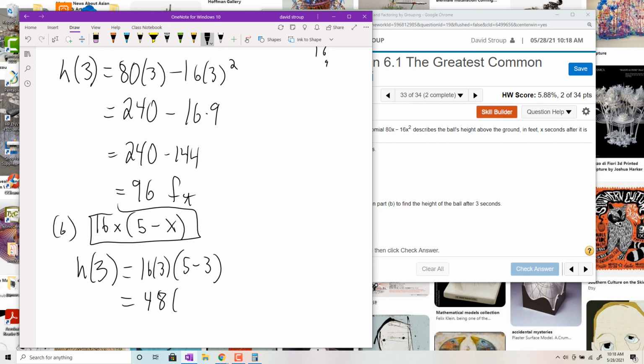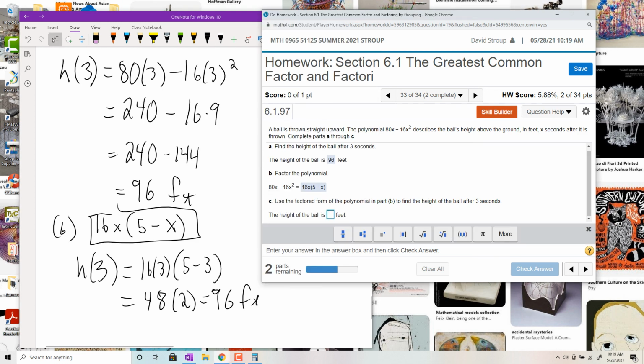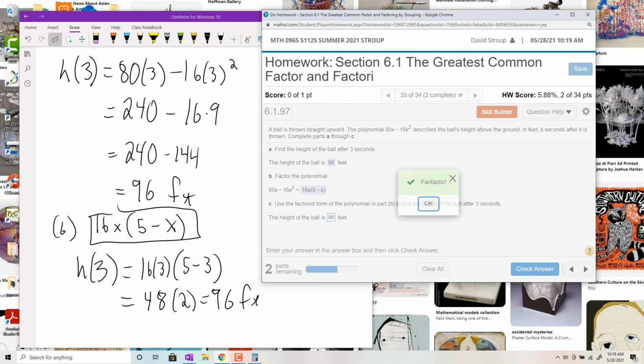It's 48, and then 5 minus 3 is 2, so it's 96. I didn't need my calculator. I guess they're trying to teach you that you can do it a little quicker if you do this extra bit of work.